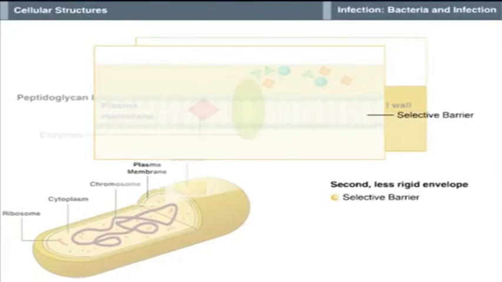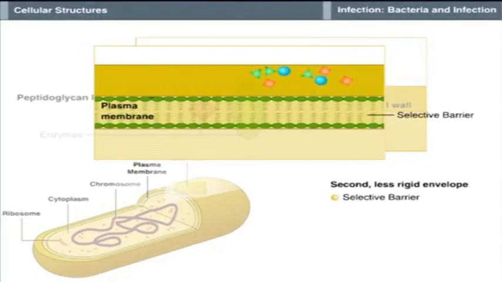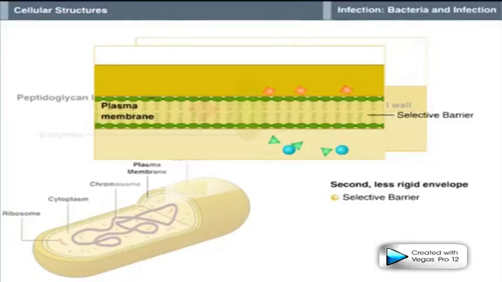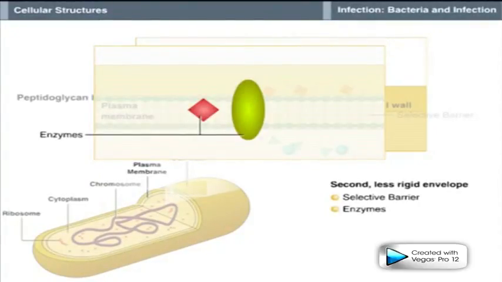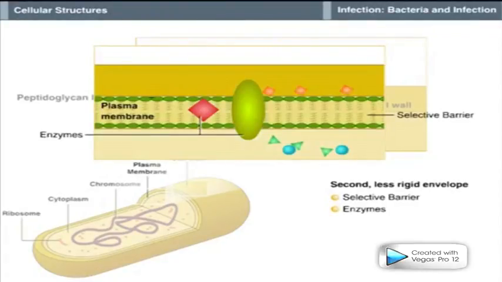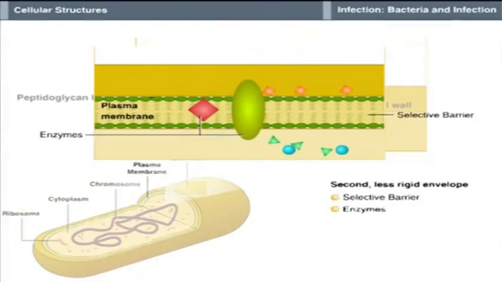First, it serves as a selective barrier to molecules that have penetrated the cell wall, allowing some, such as water and oxygen, to flow easily into the cell interior, and restricting the passage of others, such as proteins. Second, the plasma membrane contains enzymes, proteins that cause chemical reactions to occur, that are vital to the life functions of the cell.